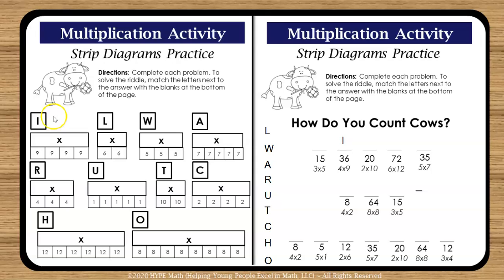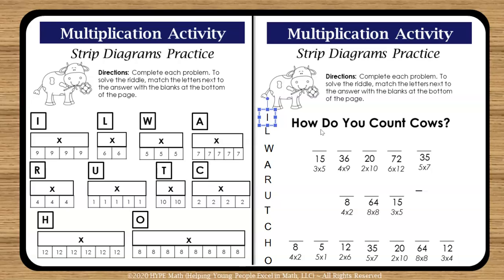So for instance, we have the letter I on the right-hand side. All of the letters that we need to solve our riddle are on the right-hand side, and in order to find out where they go, we need to look at the left-hand side to solve it.